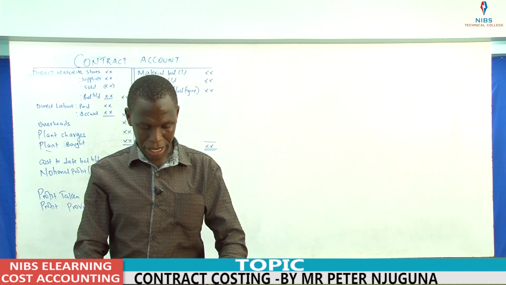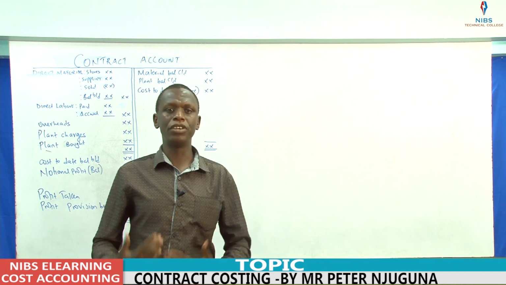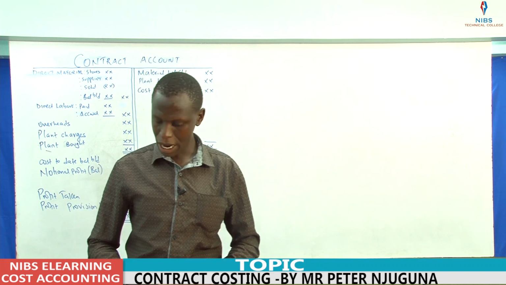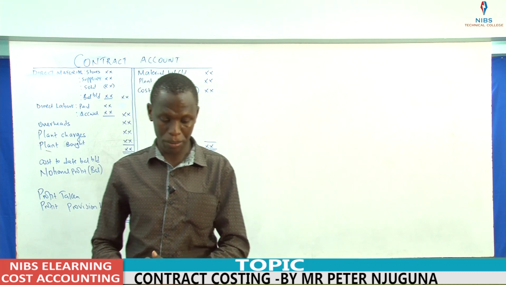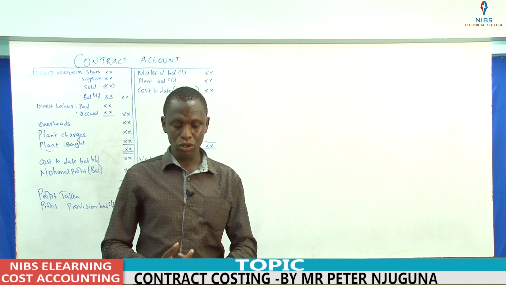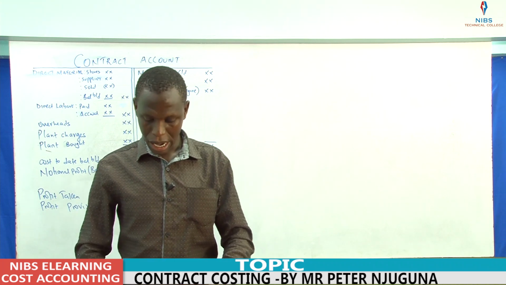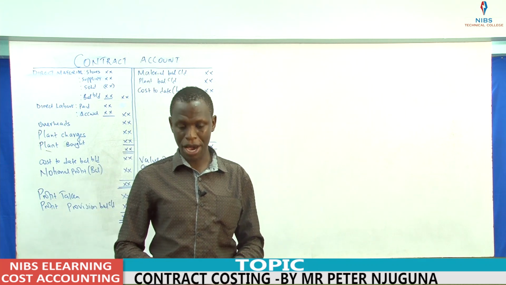As I promised you in our previous class, we shall be visiting this particular area again so that we know how we prepare contract accounts. I want to see that specifically, and then we look at a few questions. After that, I will be giving you more work to do on preparing contract accounts.